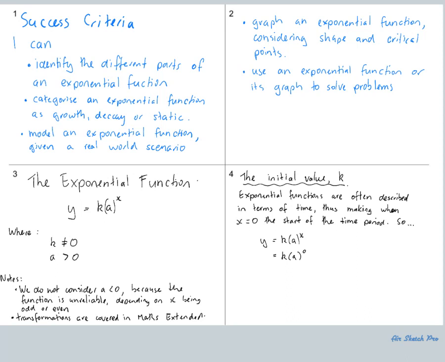Anything raised to the power of 0 is 1, so that's k times 1, which is equal to k. So when x equals 0, the initial value of the function must be k, which is why we call k the initial value. And on the next slide, we'll see that this also makes k the y-intercept, because remember, the y-intercept is when x equals 0.